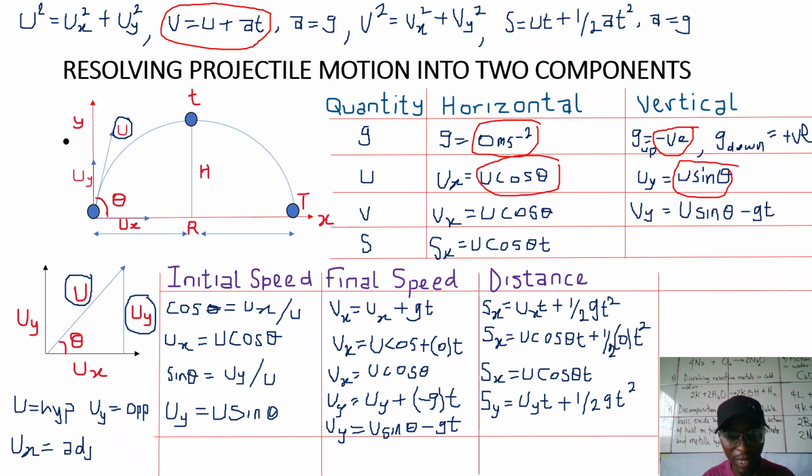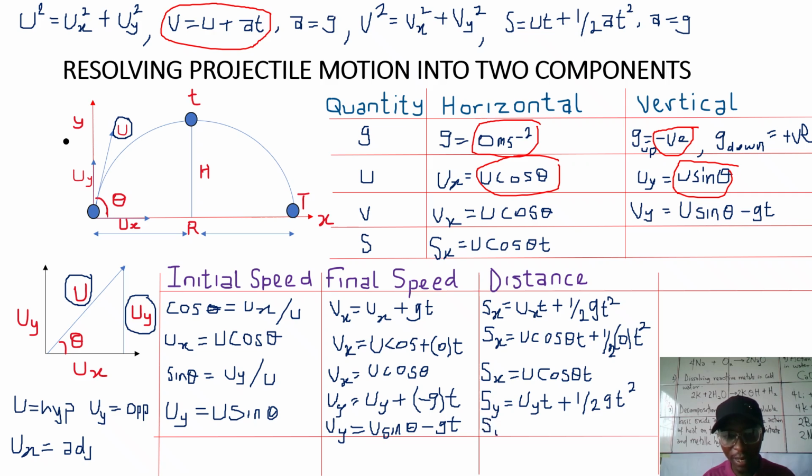Then we have also established earlier that along the vertical axis, as the body is launched into the air, g is negative. So that will make g to be negative here. Then we shall get our final expression for our vertical distance.